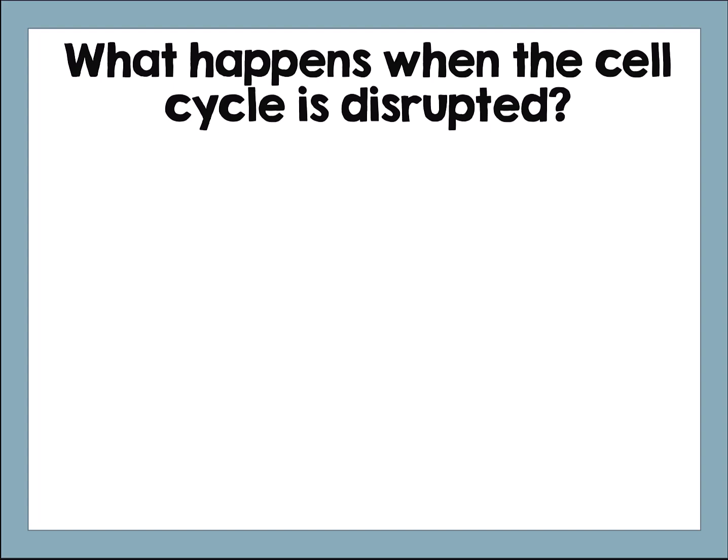So what happens when the cell cycle is disrupted? As we just established, normally the cell cycle stops when the cell runs out of space or runs out of nutrients and it needs to stop dividing. But what happens when that doesn't work correctly?